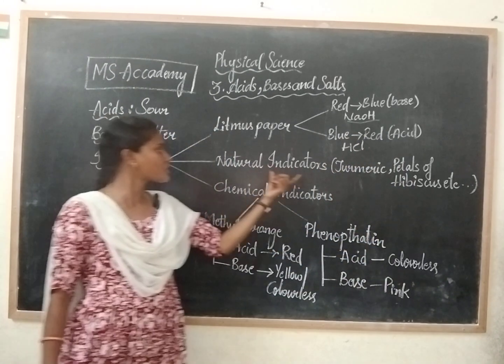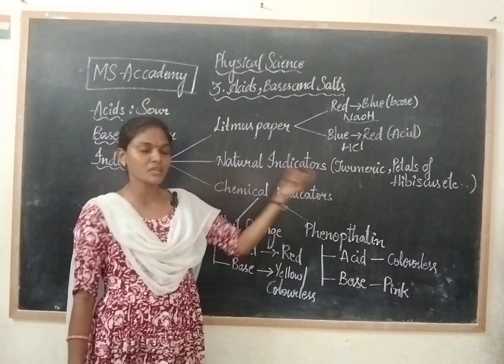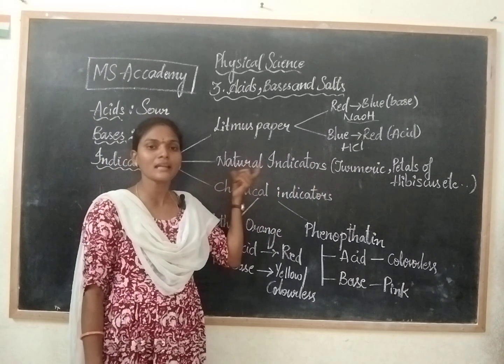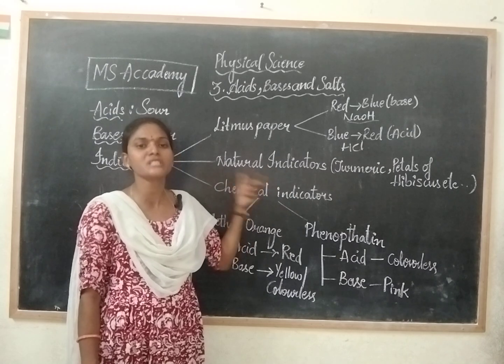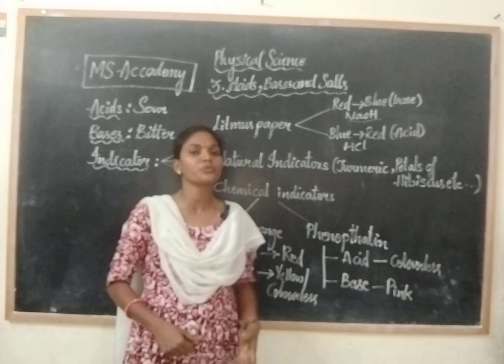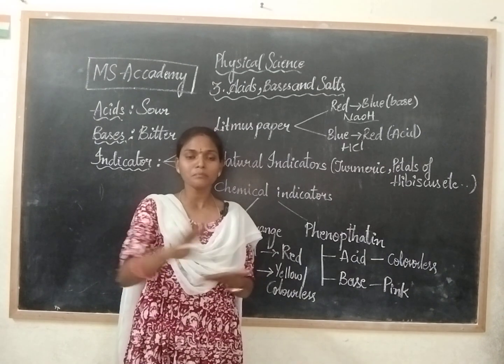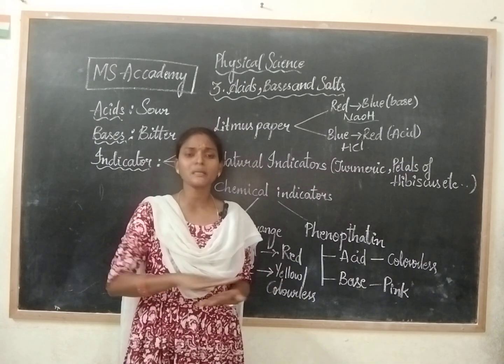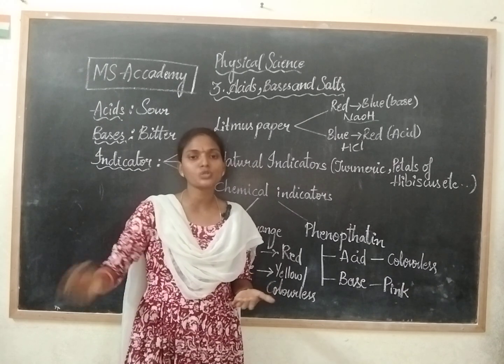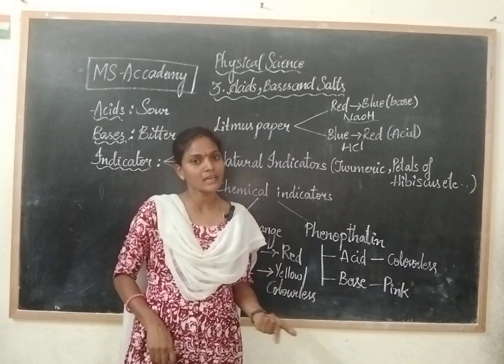Next, let us take natural indicators. What are natural indicators? In the name itself you can identify, they occur naturally. You did a small activity when you were in 7th class. If you rub paper with turmeric paste and write anything on the turmeric paper with soap water, it changes to red color.